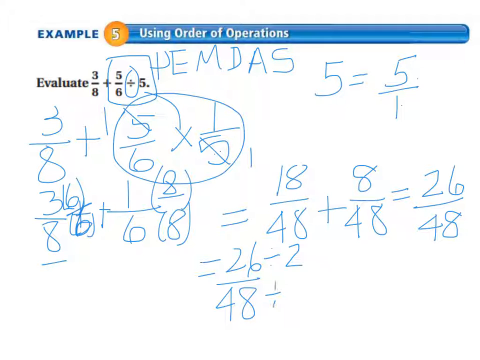I'm dividing by 2 over 2, which is 1. Taking a factor of 2 out of both of those, 26 divided by 2 is 13, and 48 divided by 2 is 24. And now I know it is as simplified as I can get because 13 is a prime number. So 3/8 plus 5/6 divided by 5 equals 13/24.